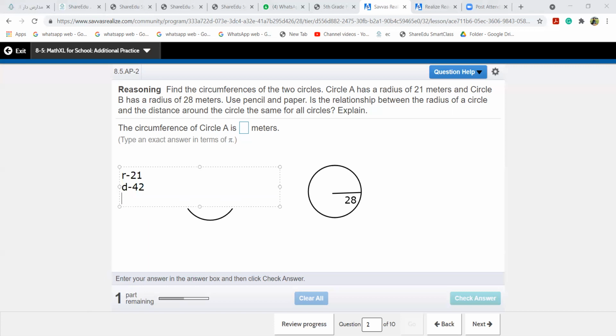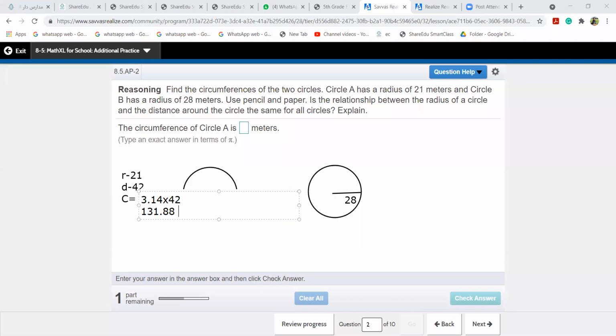Okay. What is the formula? C equals pi d. What is the pi? 3.14. 3.14 times 42. Calculate and tell me. 3.14 times d, times 42. 131.88.